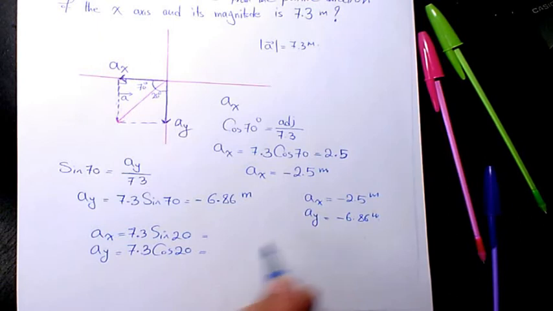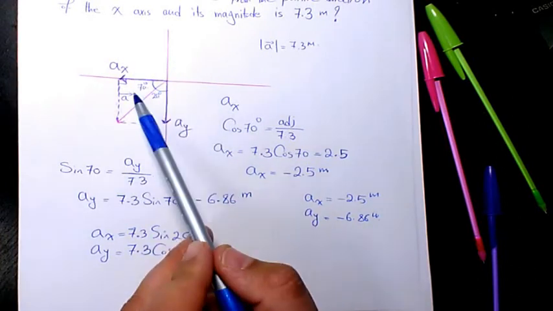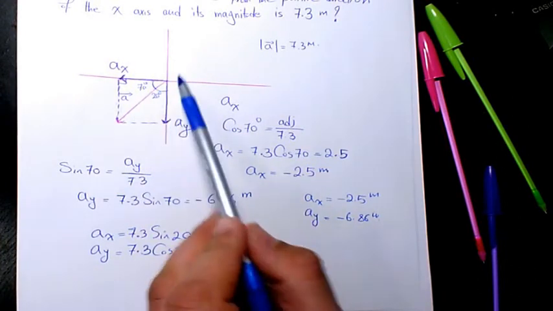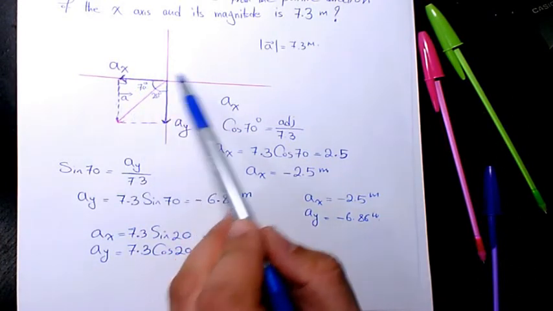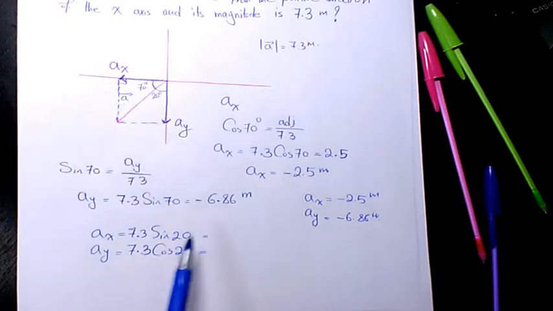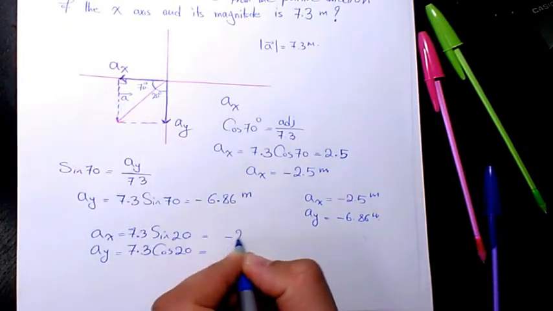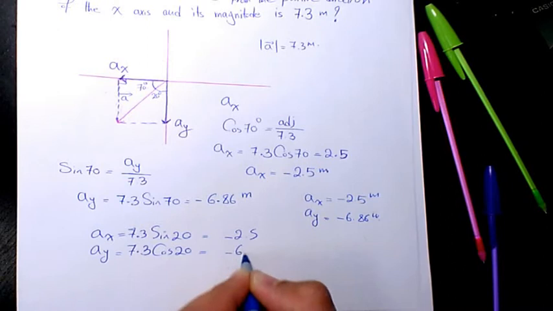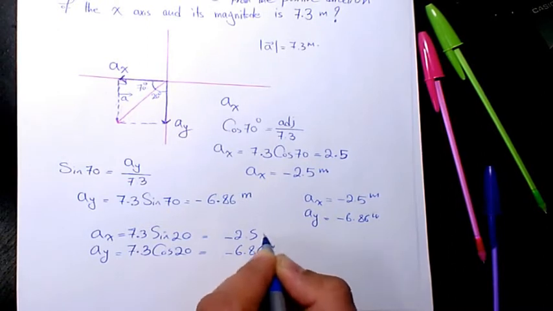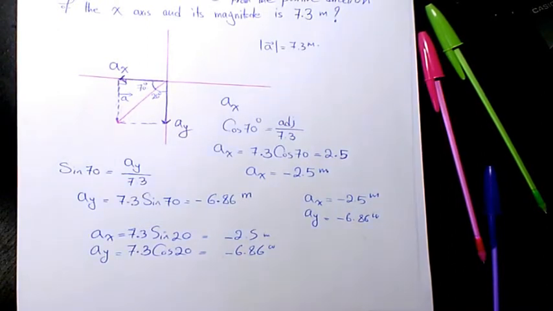That is going to give you exactly the same numbers. Again, it's going to give you positive, but since we need the 250 degrees and it's in quadrant 3, that's going to be negative. So it's going to be negative 2.5 and negative 6.86 meters. So these are the two components of this vector.